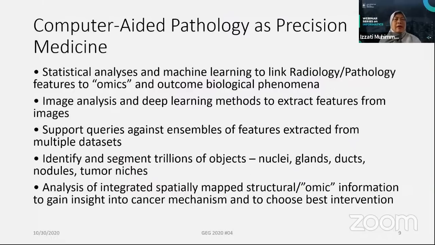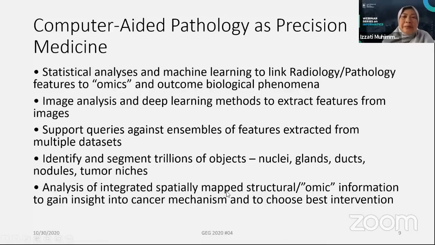That's the improvement of computer-aided pathology in the workflow of the pathology process. But now we can also see the advantage in terms of the benefit to the patient, which is that computer-aided pathology can support precision medicine.